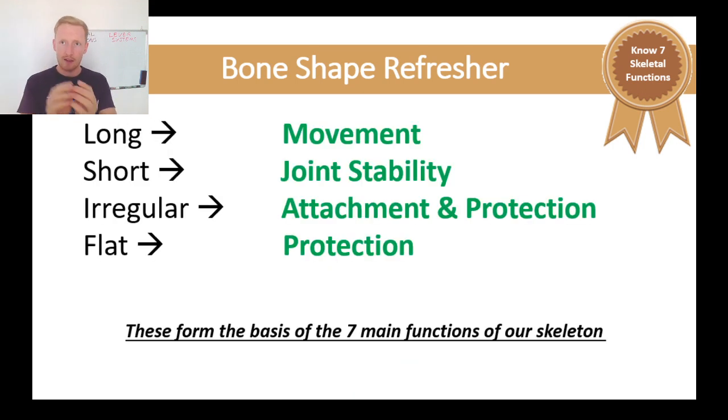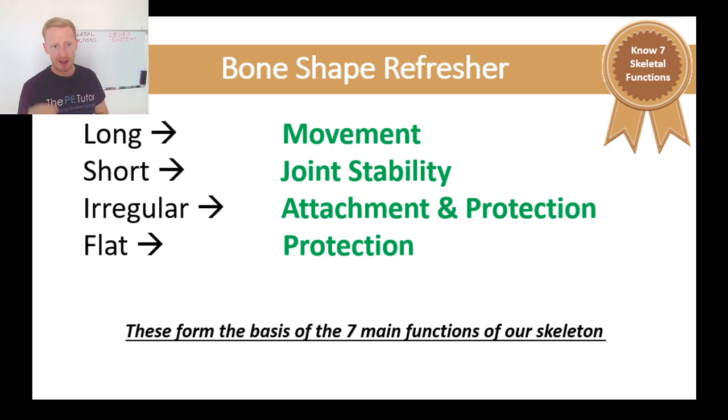Overall, if we now take the descriptions to one side and we look at their main role or their main purpose, long bones, we said before how they act more as the levers. The short bones are there to stay still and for other things to rotate around, but it's the long bones which are moving. So we can start to draw out from their descriptors what role or purpose the skeleton can actually start to play in everyday life.